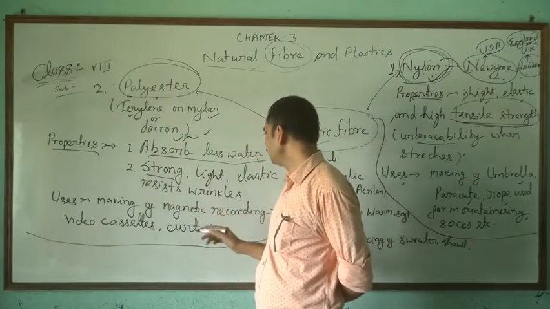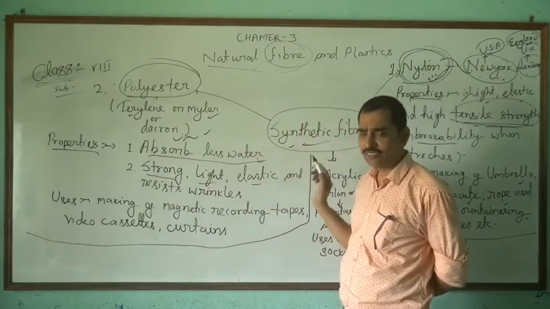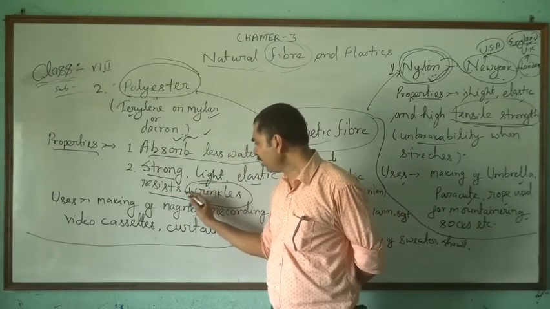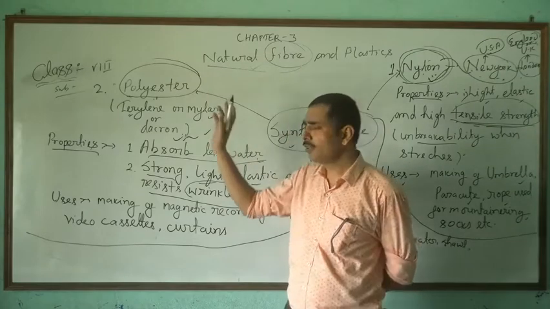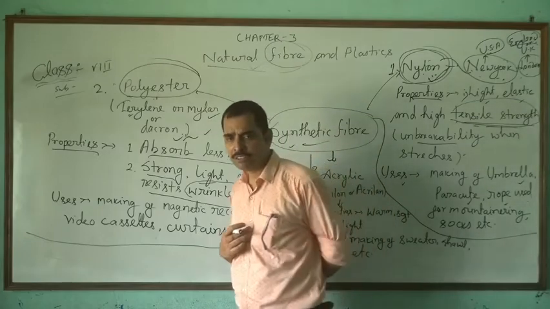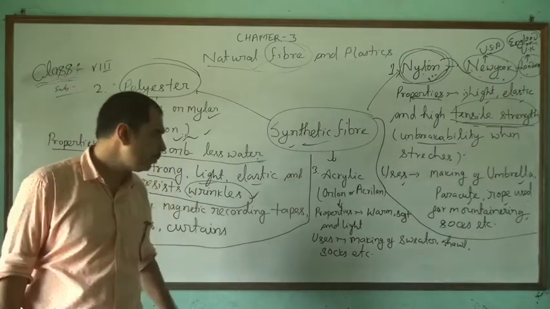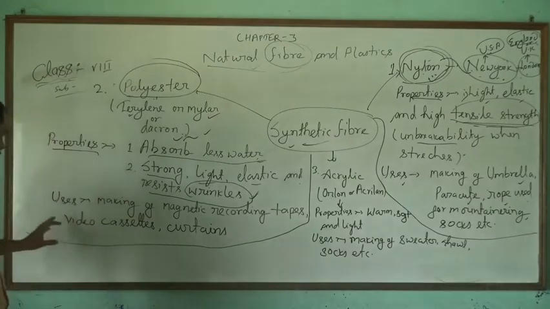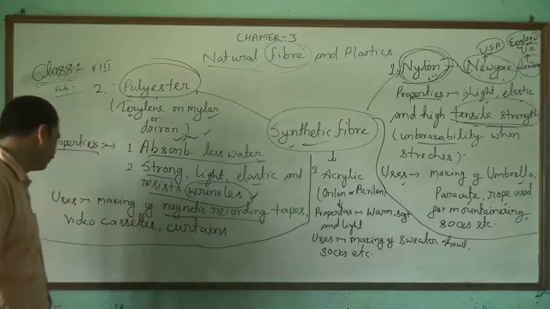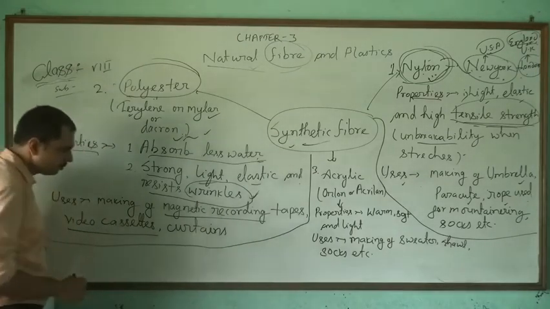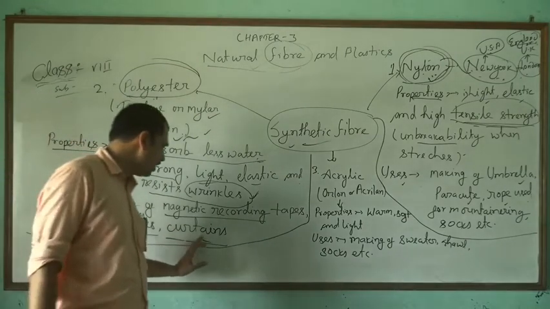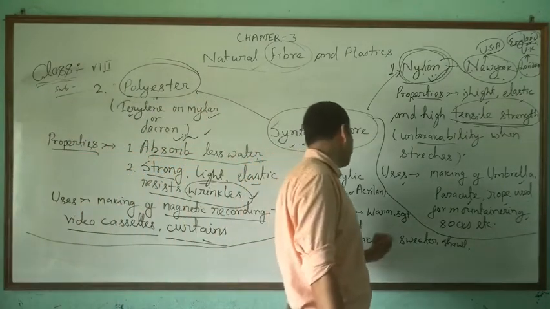It is strong, light, elastic and resists wrinkles. Wrinkle-free cloth can be made from polyester. It is used in party wear. The dress you wear in parties is made of polyester. Uses: making of magnetic recording tape, video cassettes, and curtains. These are the various uses of polyester.